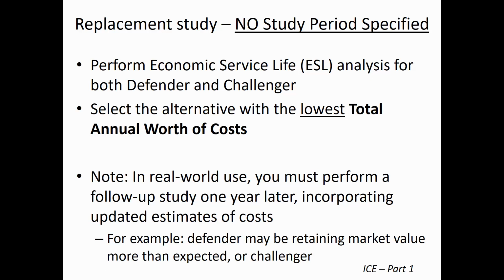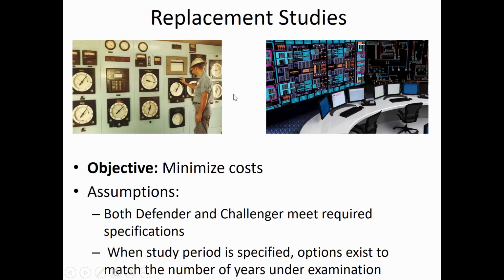Now in the real world, when you do that, generally you would perform an annual update on the comparison. You know, every year you'd be asking yourself, should we keep the old stuff or buy something new? It's not like you do the analysis today and your analysis says, keep the old stuff for 4 years, and then you'd wear blinders until the end of that 4 years.